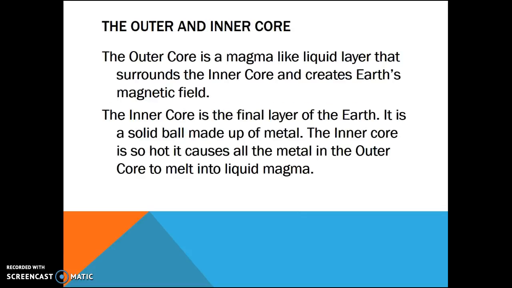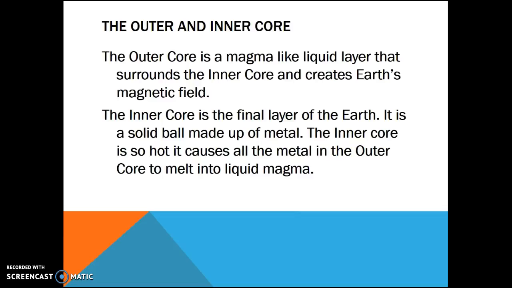The outer and inner core. So let's talk about the outer core first. The outer core is a magma-like liquid layer, and that layer surrounds the inner core and helps create Earth's magnetic field. We'll talk about the magnetic field in just a second because that's important to Earth.